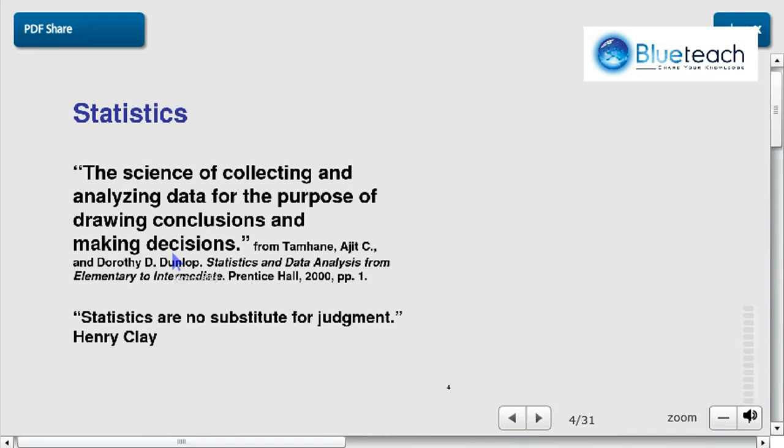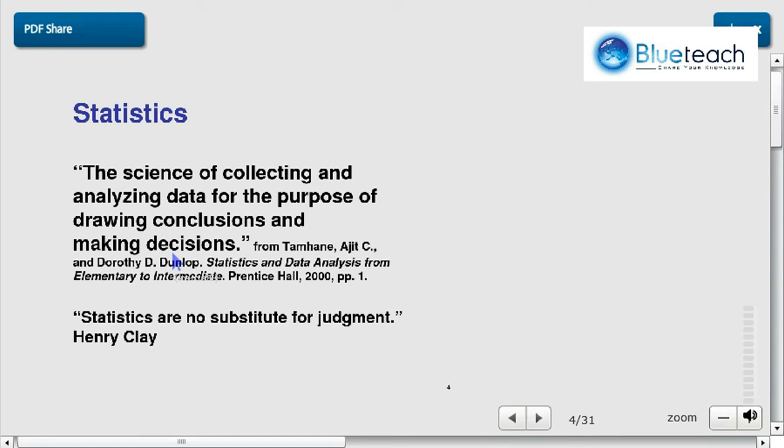Let's imagine that you want to know how many people are left-handed versus right-handed, or what is the average height of the population. Well, it's impossible for you to count every single human being on the planet and then know what's the precise, accurate percentage of left-handed people.